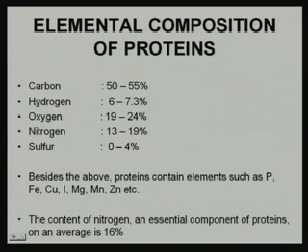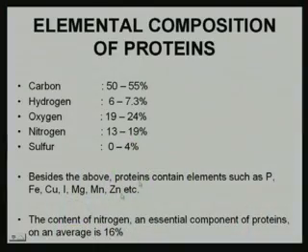The percentage of carbon varies from 50 to 55%, hydrogen 6 to 7%, oxygen 19 to 24%, nitrogen 13 to 19% and sulfur 0 to 4%. That means the major constituents are carbon, hydrogen, oxygen, nitrogen and sulfur.